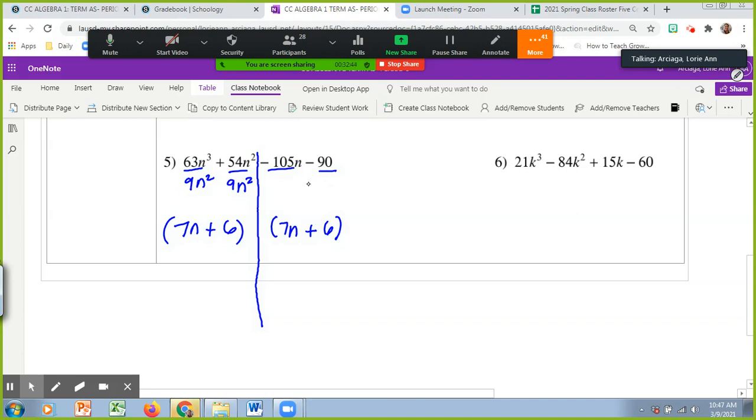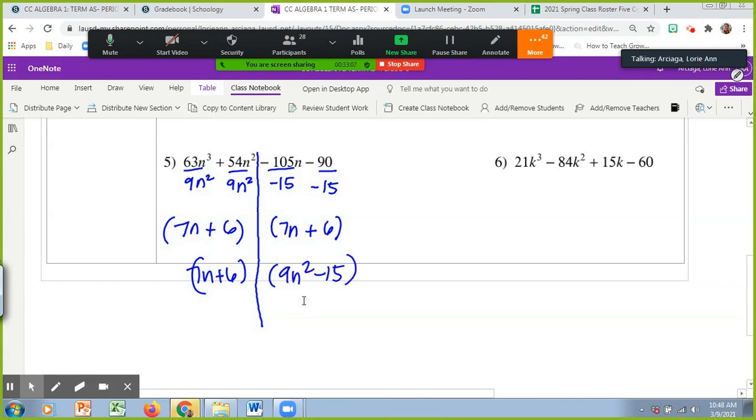Very good. And for this to become positive when you divide, you have to make your 15 negative. Awesome. Okay, so we're going to divide here by negative 15. And you should get 7n minus 6, and you're done, right? So 7n plus 6, and then you put your GCFs together, it's 9n squared minus 15.